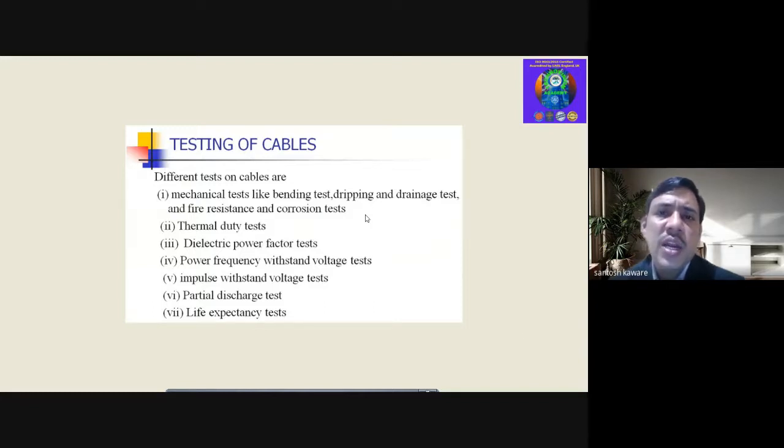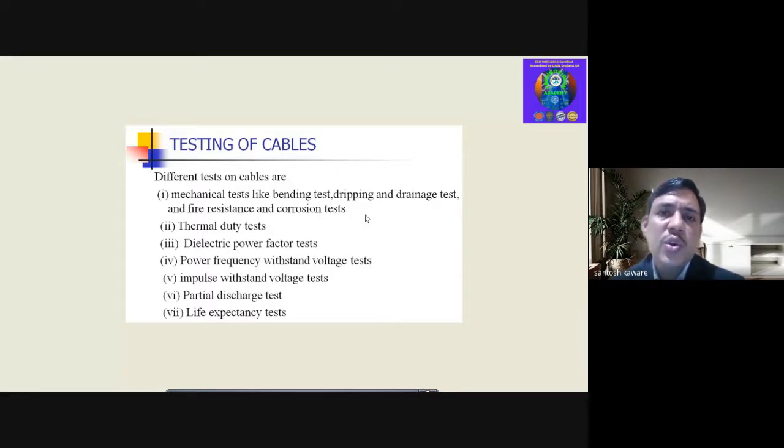Now in the market there are some cables which cannot burn even with fire. Means fire retardant. Actually, their coating is fire retardant. So that also we have to test, whether it is catching fire or not. So that is fire resistance, corrosion test. Inside the cable, we know that there are metallic sheaths. Those metallic sheaths should not get corroded.